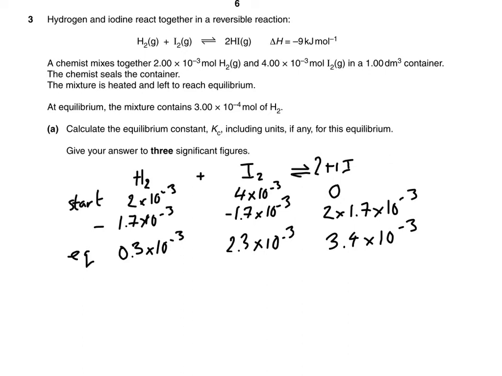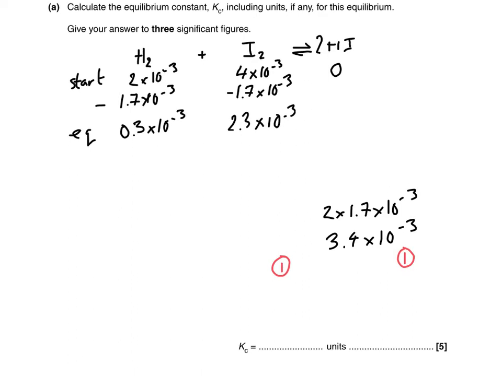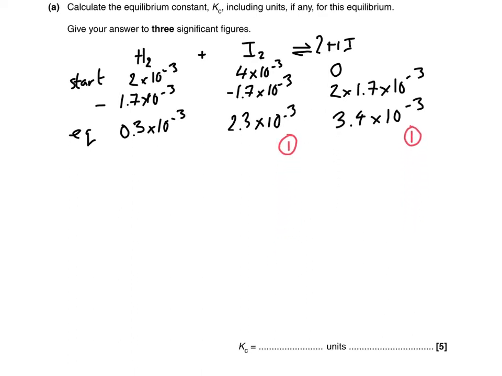Okay, right, so there's a number of marks available for this. I'm just going to pop that in red. You get 1 mark for working out the number of moles of iodine, 1 mark for working out the moles of hydrogen iodide. We're then going to go to our expression for Kc, which is going to be products squared over reactants.